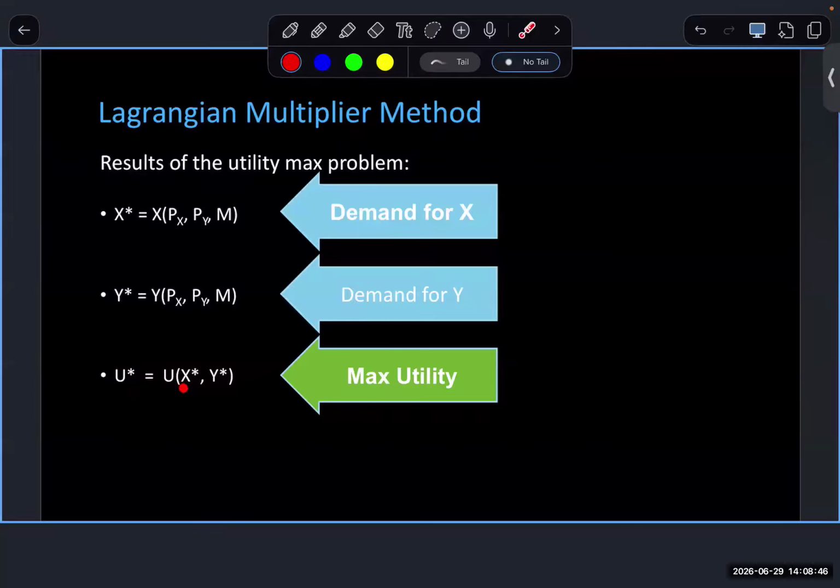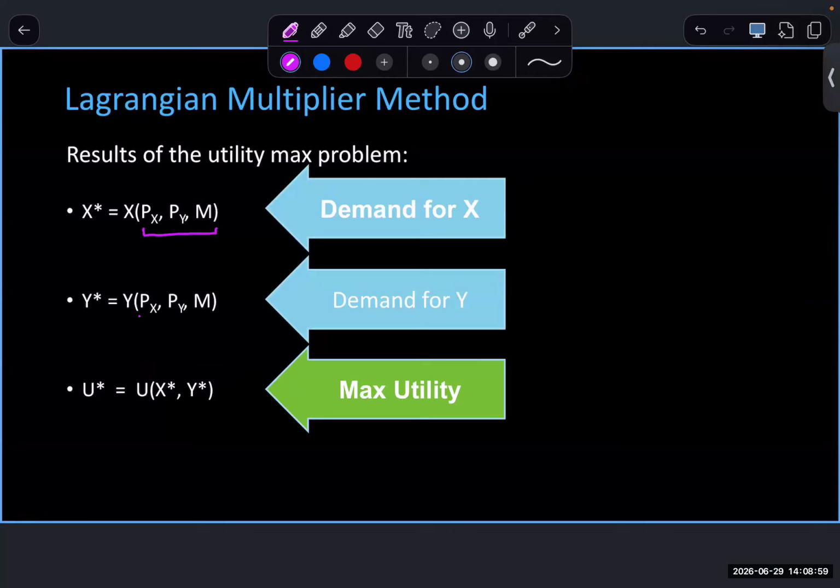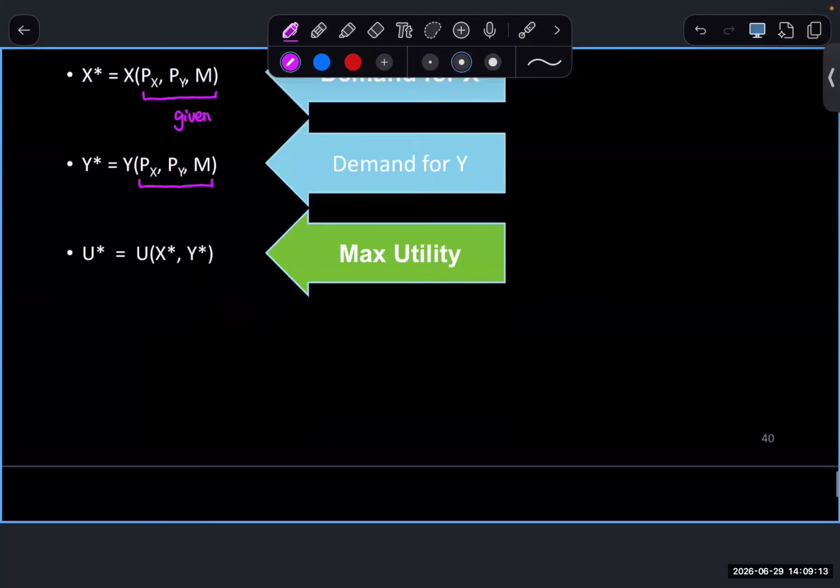You just plug in X star and Y star, and you will have U star here. Because those things are given, it is a function of those given things.